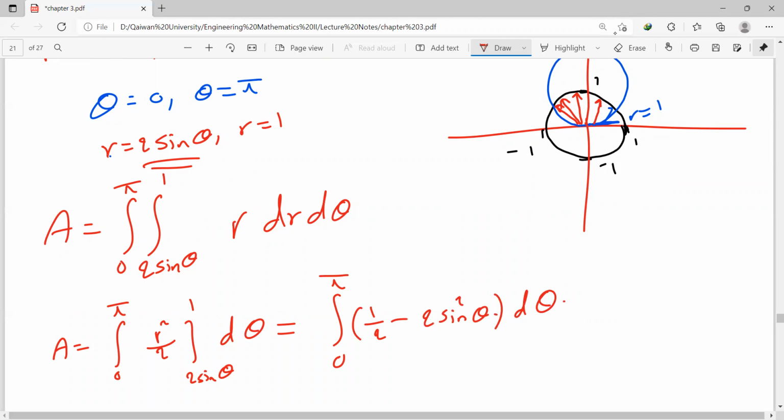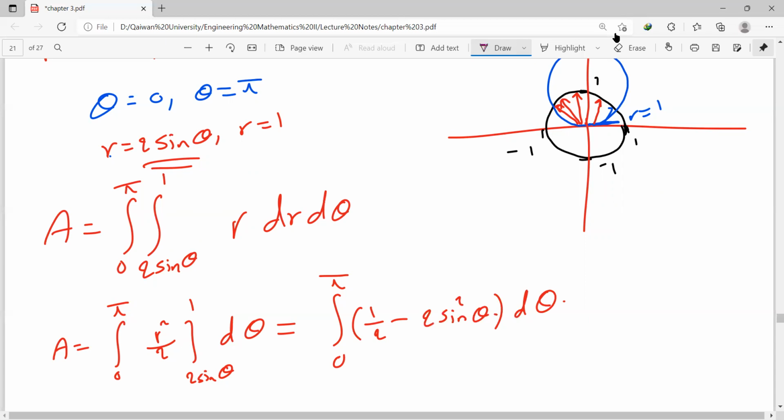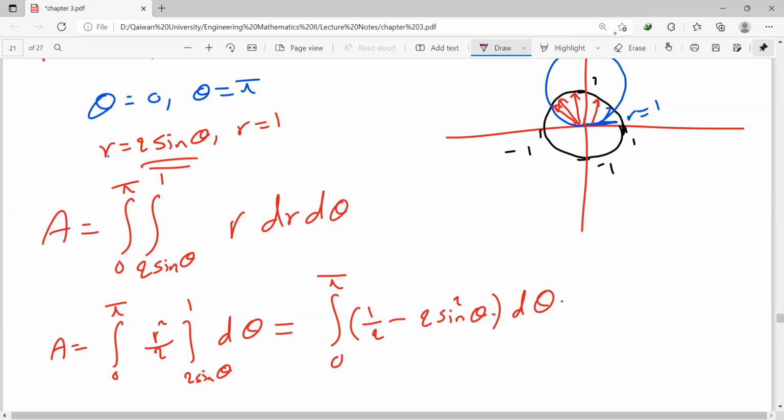Now we have sine squared of theta. We use this identity of the trigonometric functions. Sine squared of theta equals a half minus a half of cosine 2 theta. Let me check if I'm correct.